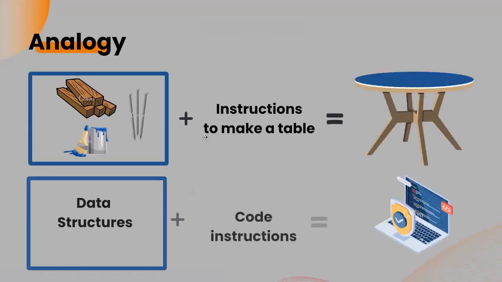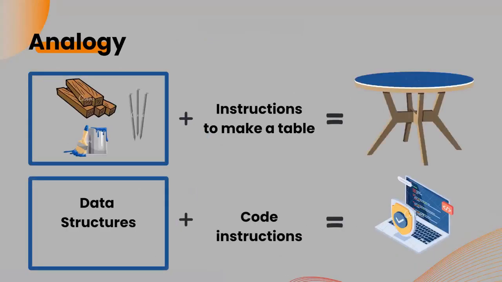So here's an analogy. You want to build a table, right? So you need to get the building blocks for building a table, which is maybe some pieces of timber, some nails, and some blue paint, because our table is blue, right?